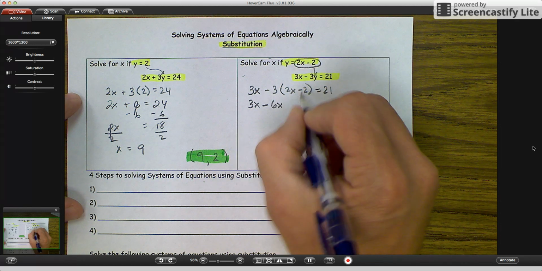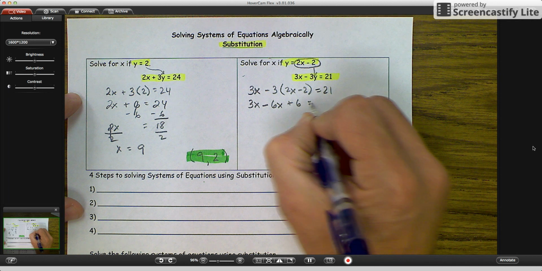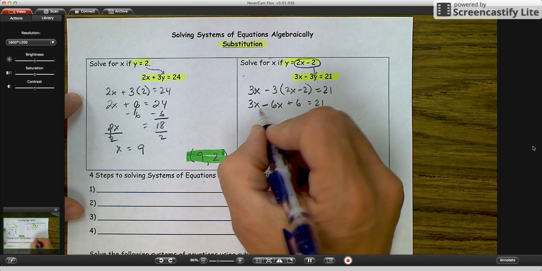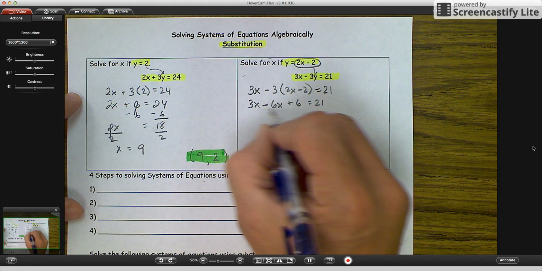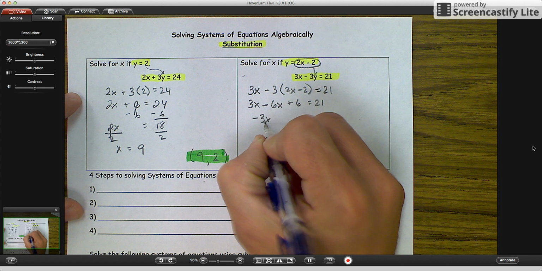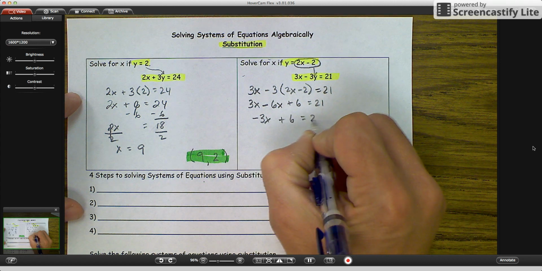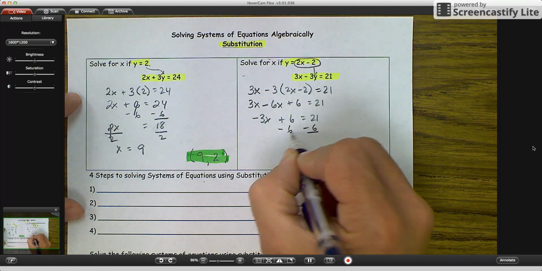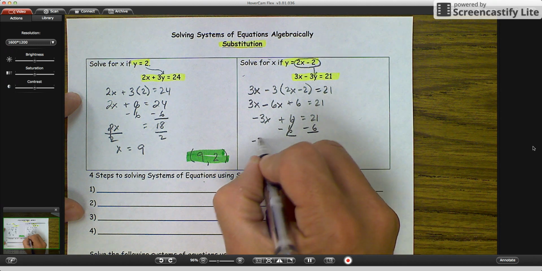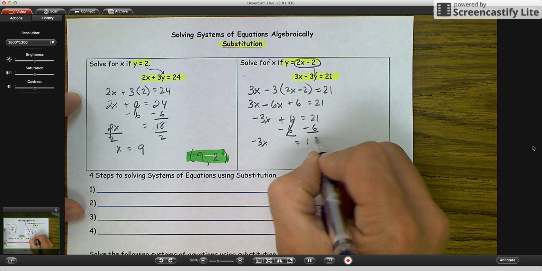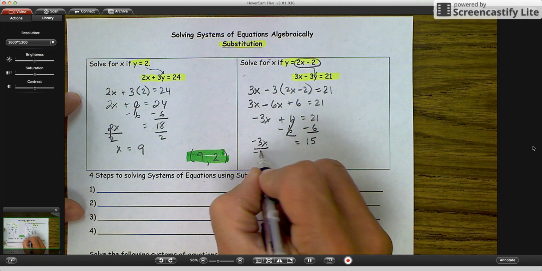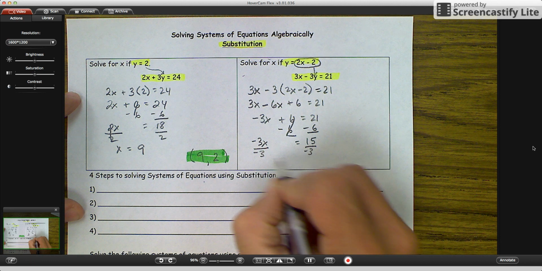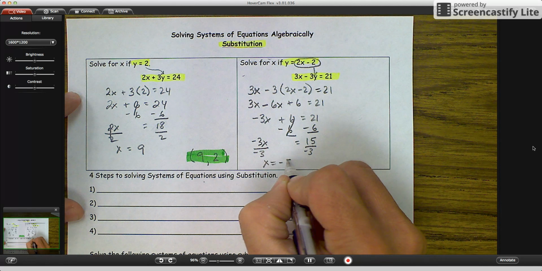A negative 3 times a negative 2 would be plus 6 equals 21. Combine like terms, 3x minus 6x would be negative 3x plus 6 equals 21. Subtract 6 from both sides. They cancel there. You get negative 3x is equal to 15. Divide by negative 3. You get x equals negative 5.